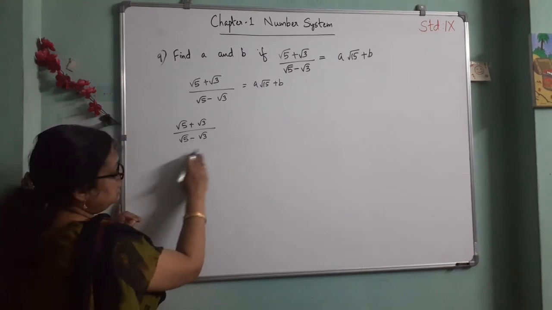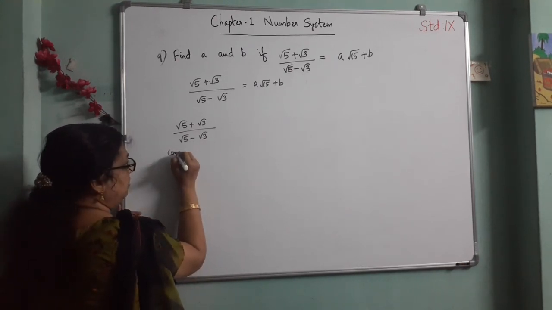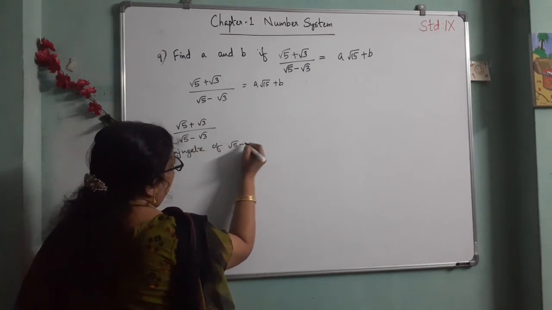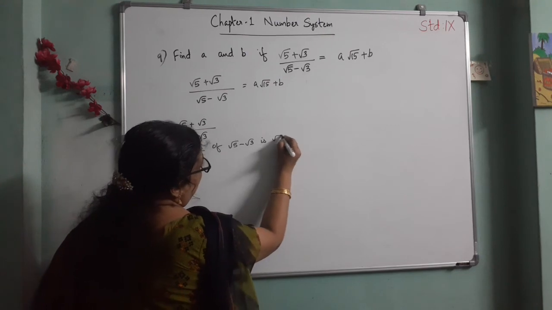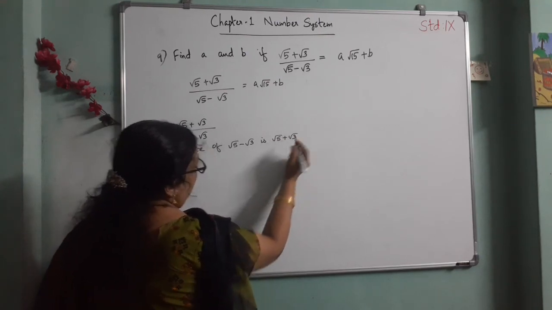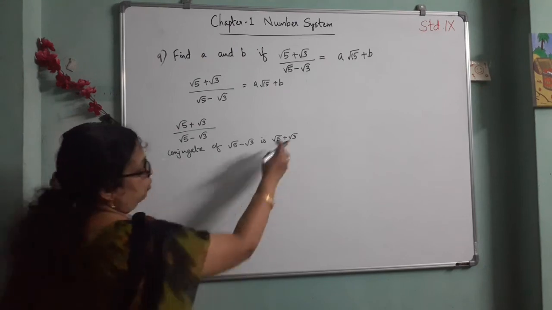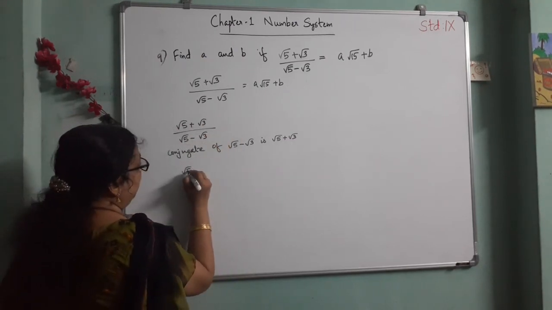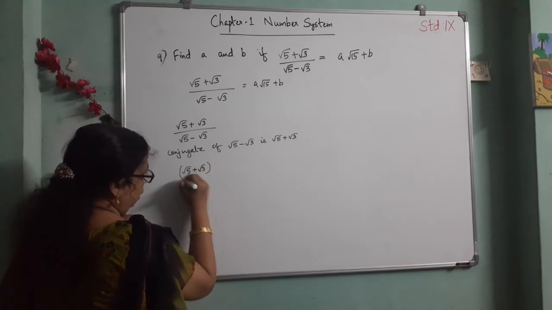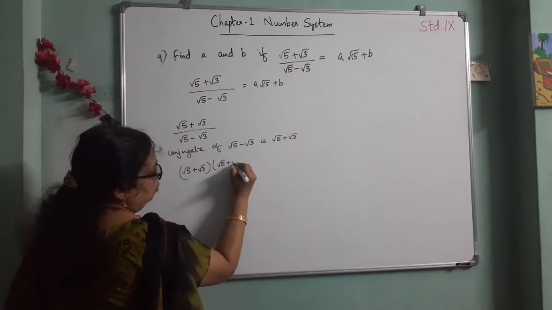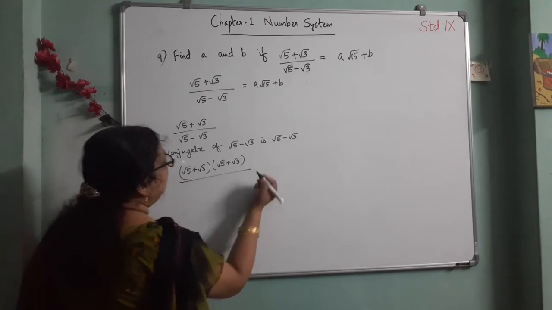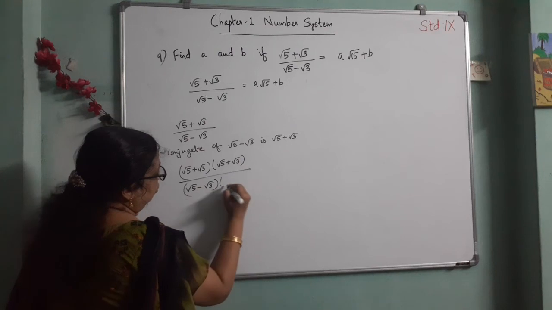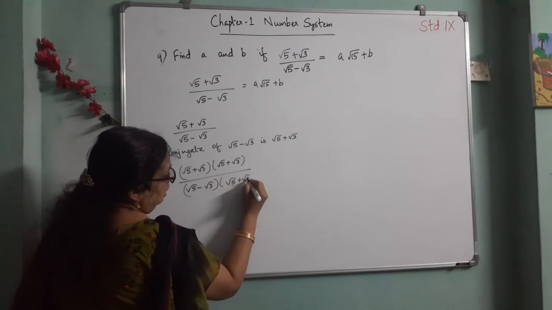Here we can rationalize the denominator. So the conjugate of root 5 minus root 3 is root 5 plus root 3. Then this conjugate root 5 plus root 3 we multiply in both numerator and denominator, that is root 5 plus root 3 into root 5 plus root 3 in the numerator, divided by the denominator root 5 minus root 3 into root 5 plus root 3.